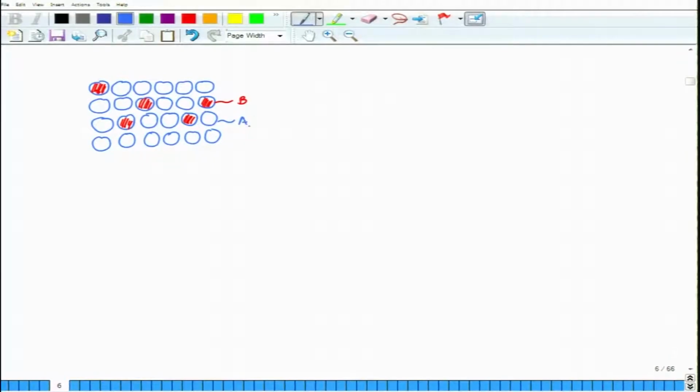So, A is the host phase and B is the solute. In terms of chemistry, you call it a solvent phase, host lattice. So, this is basically a random substitutional solid solution.